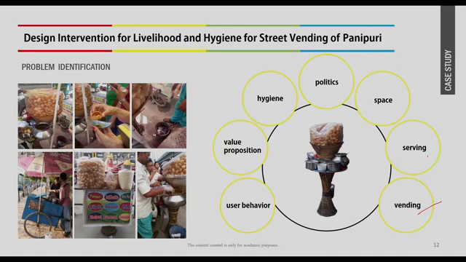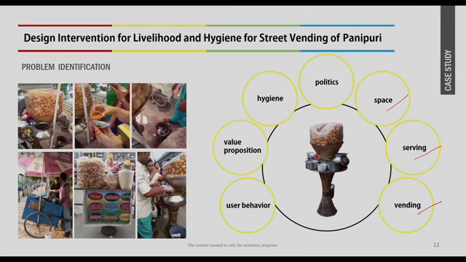We found serving related issues. Currently, they are serving in paper bowls made of reused paper with inks on its surface, which is not good for our health. We found space related issues.